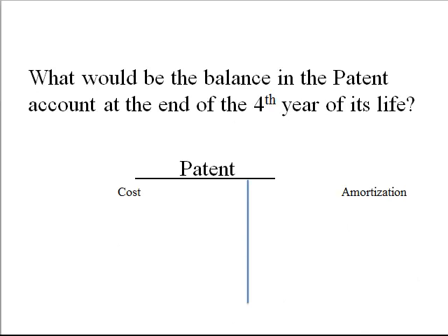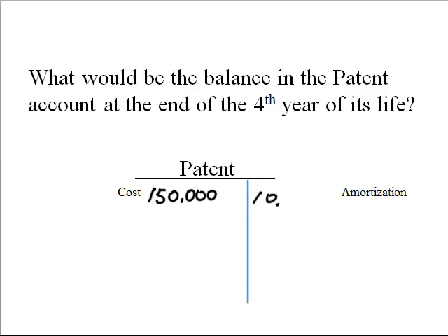The balance in the patent account at the end of the fourth year of its life will therefore look something like this. The cost of the patent was $150,000. As it's amortized, recall that we record a debit to amortization expense, and the credit is directly to the patent account.